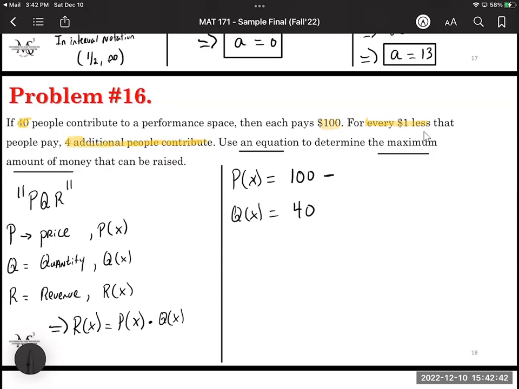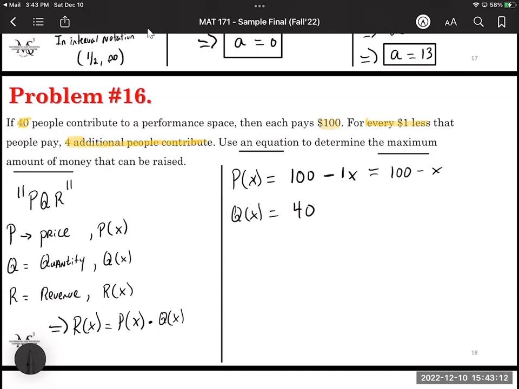Do I write something else? 100 minus what? 1x, that's right. 100 minus 1x, which by the way is the same thing as 100 minus x, where x is the number of times, or x is for every dollar less that the people pay.